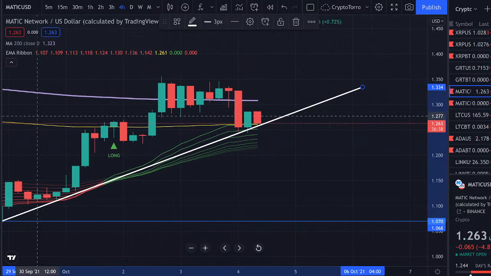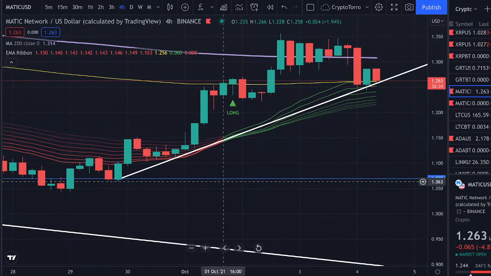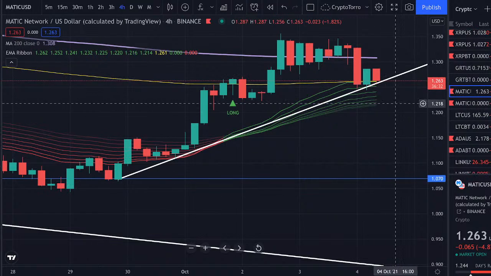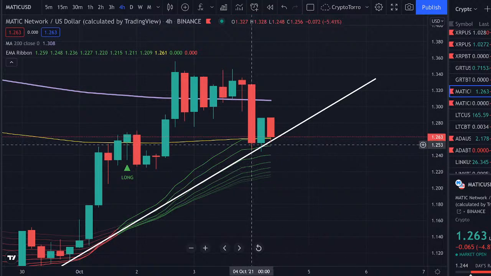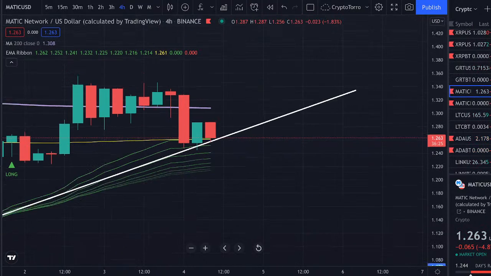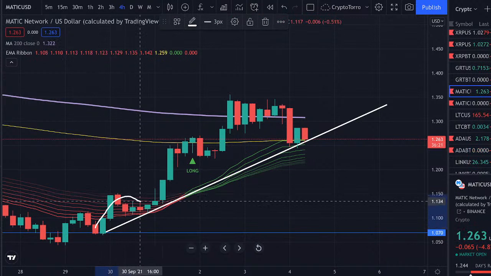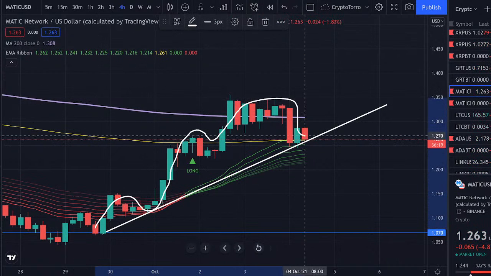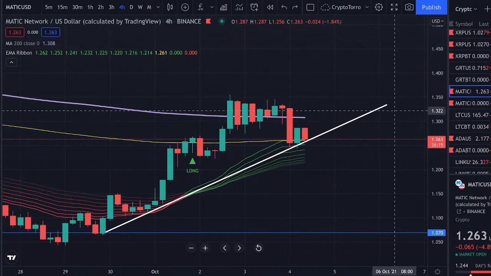You can clearly see these weren't actual touch points, so I will only count this as 2 touch points on this ascending support. But if we are able to hold strong on top of this ascending support, this will be the ascending support line for the current uptrend. Therefore, I would be very glad to see a spike afterwards and a retest of this ascending support, and I will leave this ascending support for future videos.